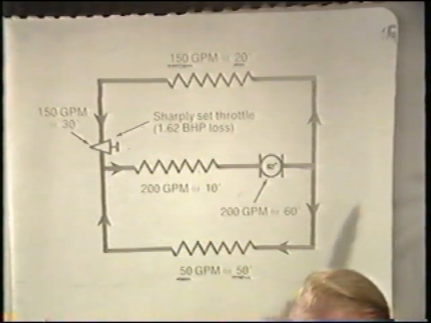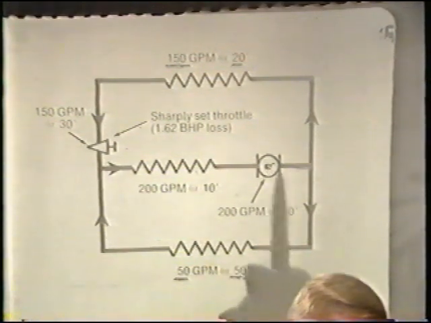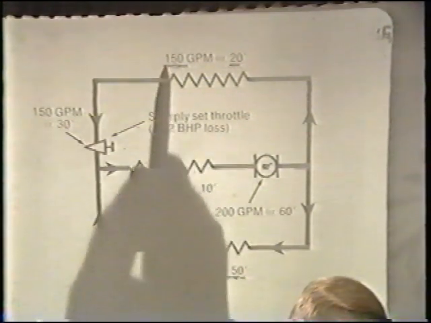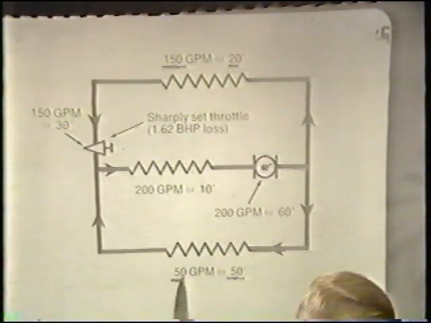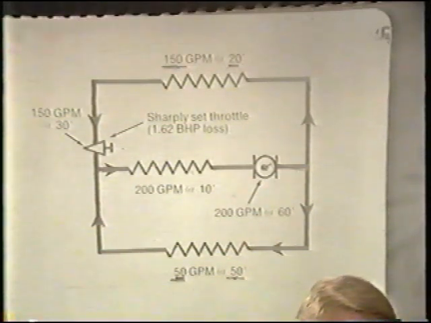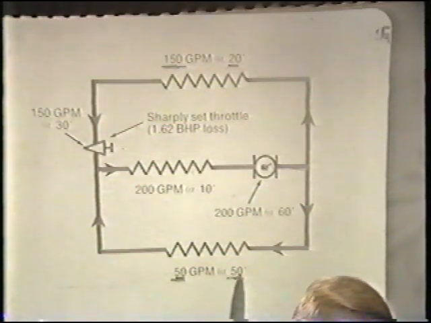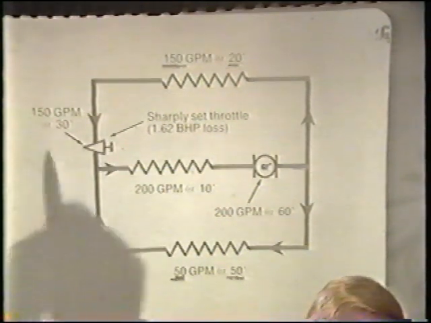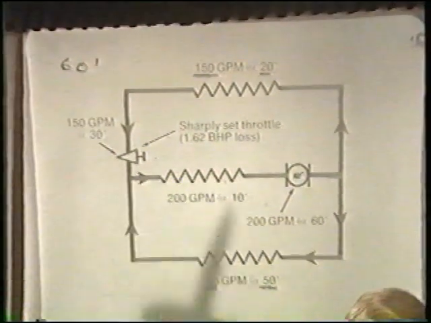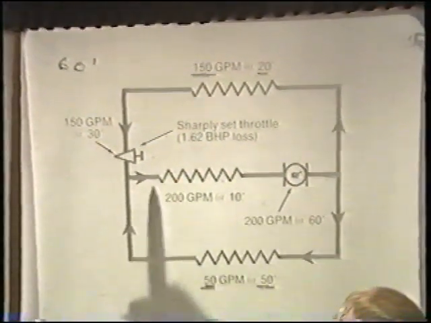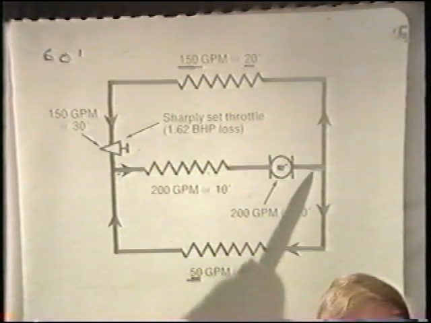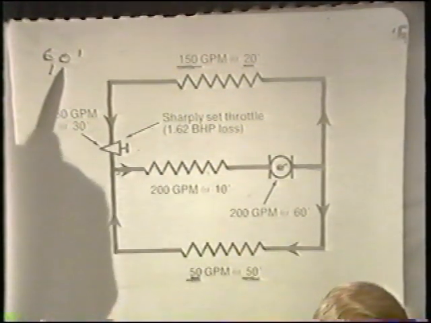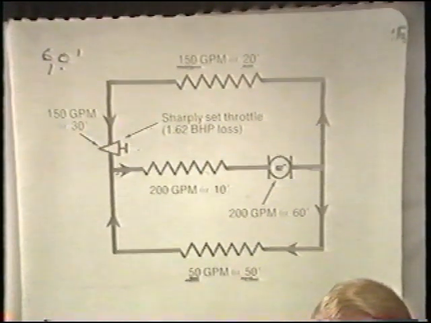We can then establish that this pump must provide 200 gallons per minute, the summation of 150 plus 50 gallons per minute, and will be required to provide the necessary head for the high head loss circuit, which is 60 feet of head loss, plus the head loss common to both circuits in the piping common to both circuits of 10 feet.